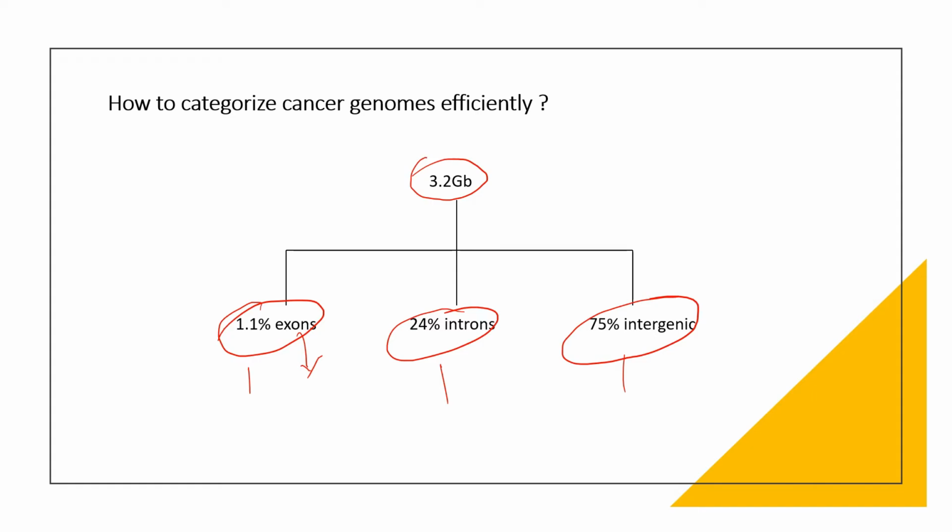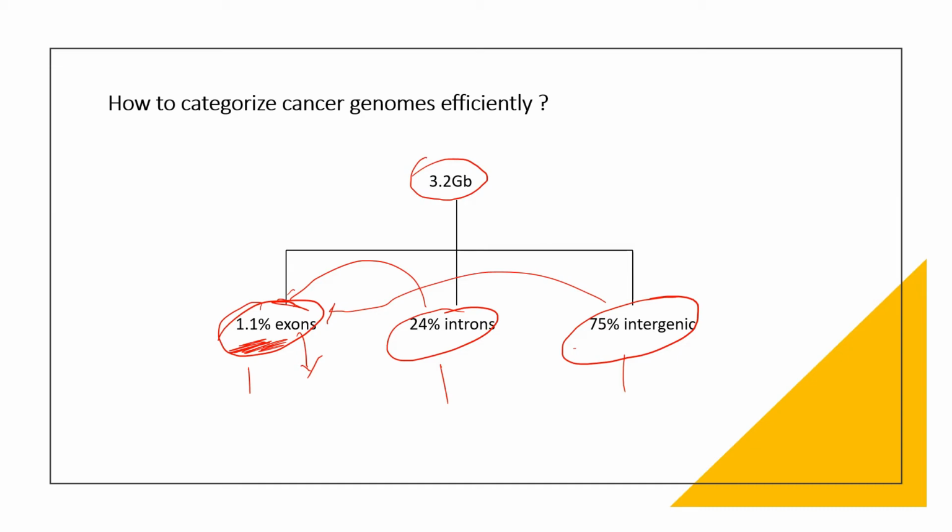So if we are looking for any specific genes, we are looking for the expression of those genes, or we are looking for the protein phosphorylation or anything, we will be focusing on these regions, right? And 1.1% exonic regions. But if we are looking for other regions, for instance, there are a lot of intronic and intergenic regions, which regulate these exonic regions.